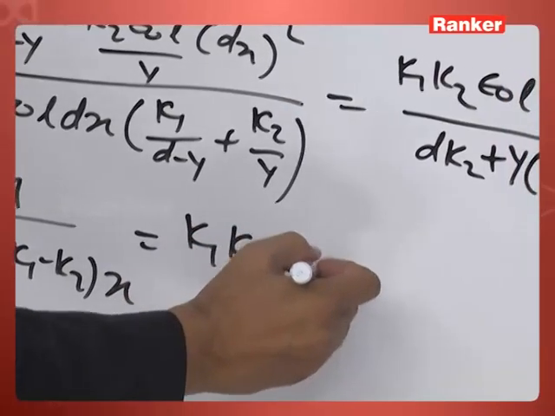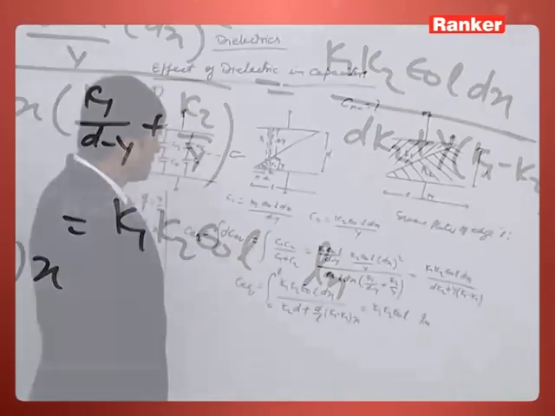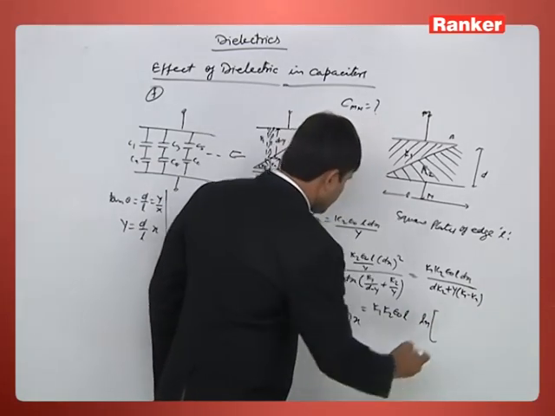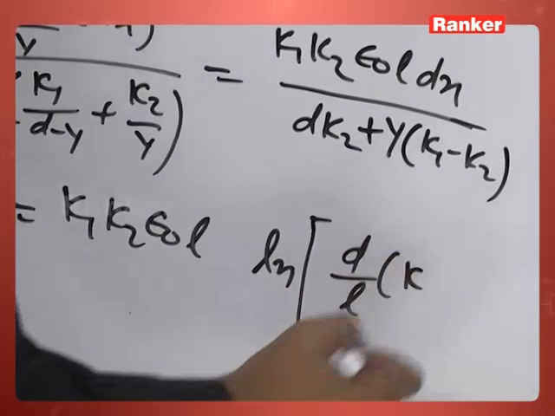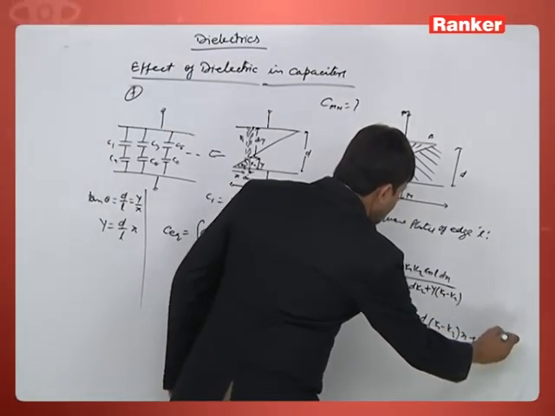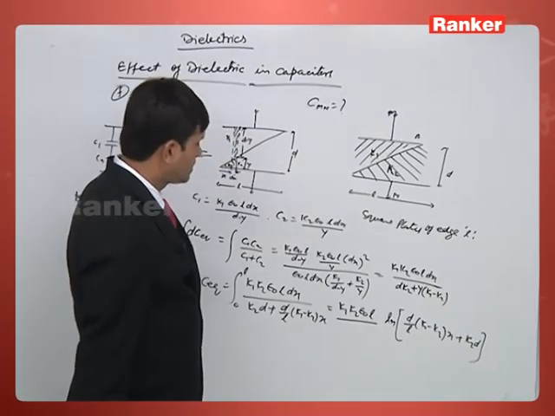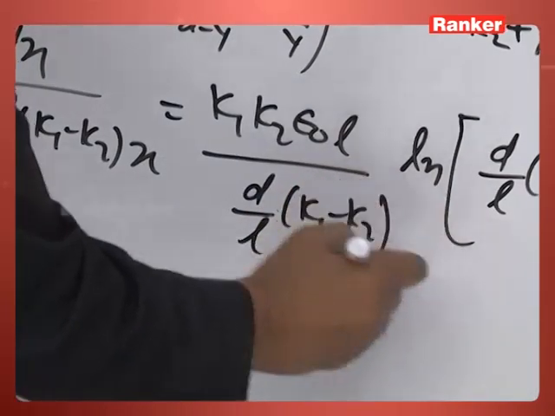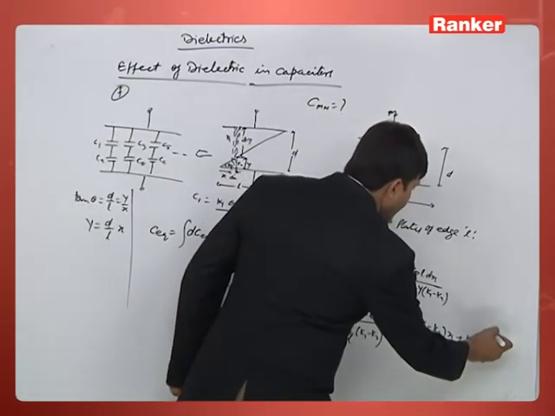K1 K2 epsilon naught L, ln will come here, of d by L K1 minus K2 x plus K2 d, by d by L K1 minus K2, with limits of integration 0 to L.